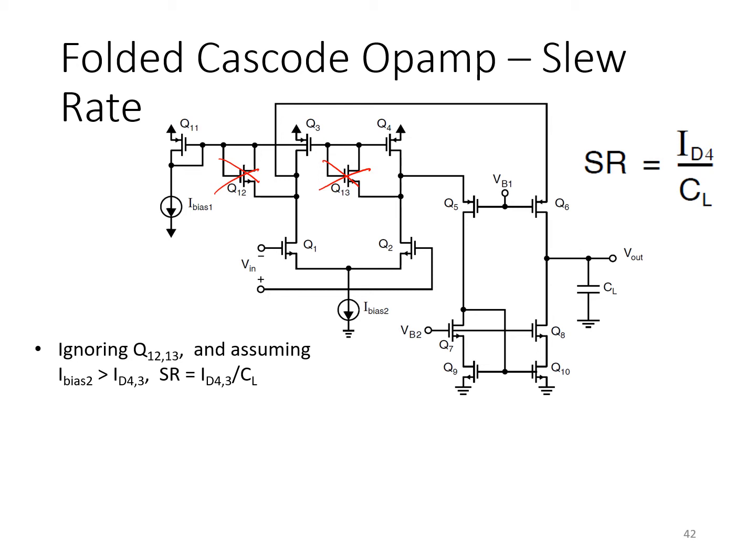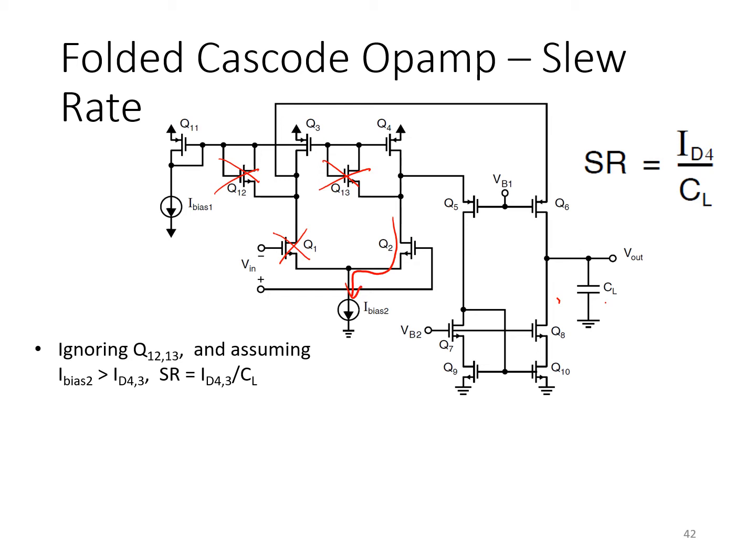Typically the way you can think about what happens in slew rate limiting is to consider an input step that has a large enough amplitude so that the diff pair completely switches. For example, let's consider the case of a large positive step so that a large positive differential input appears at Vn, large enough so that Q1 is completely off and Q2 is therefore conducting all of the bias current I bias 2.